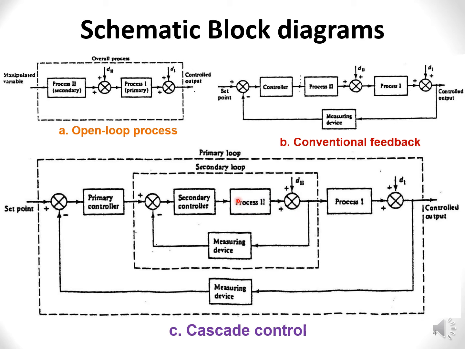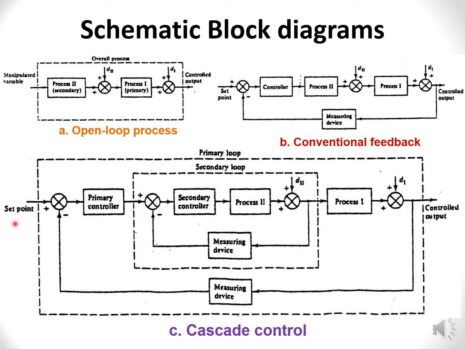With the inner, secondary loop, we control any changes in the flow of the coolant. A change of coolant flow definitely changes the coolant temperature, and it may affect things, so we control that part so that it is not too variable, and only then do we control the temperature of process 1.